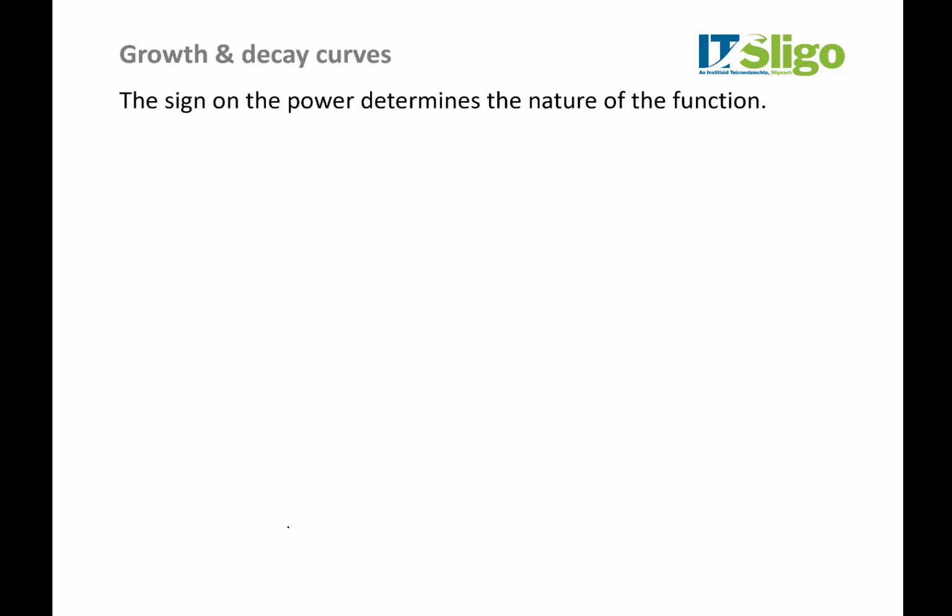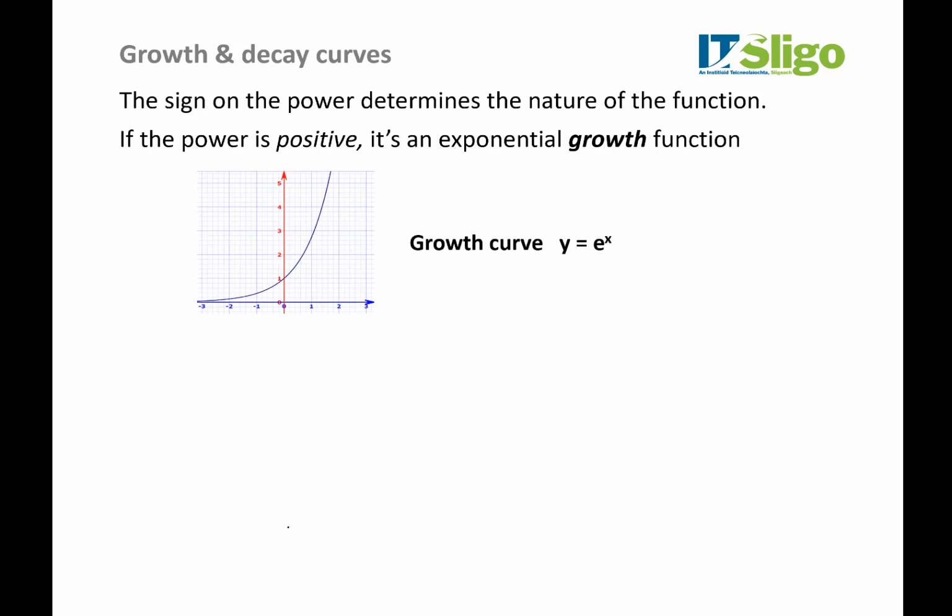I mentioned this in the last lectures, but it's really important to reiterate: the sign on the power, the sign on our input, determines the nature of the function. If the power is positive, it's a growth function. So here x is a positive value, and it gives us this typical graph.